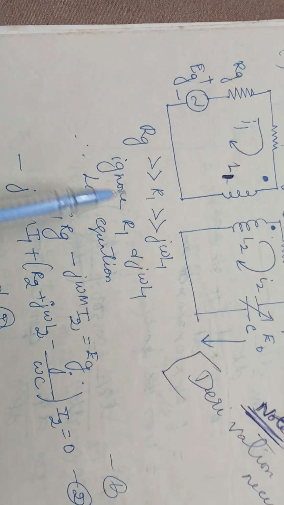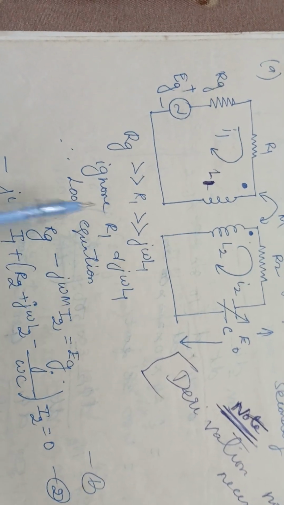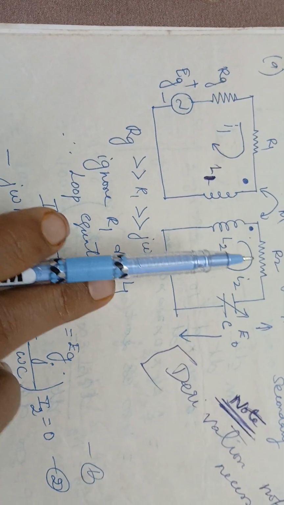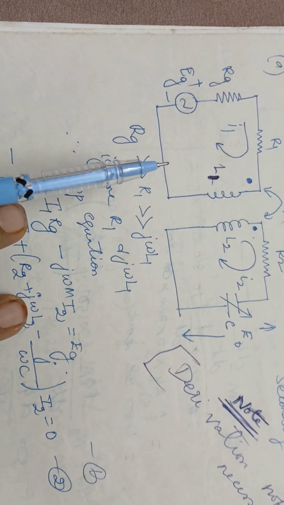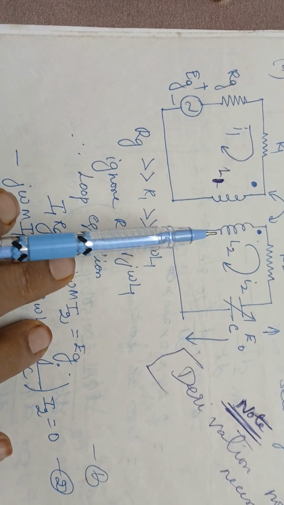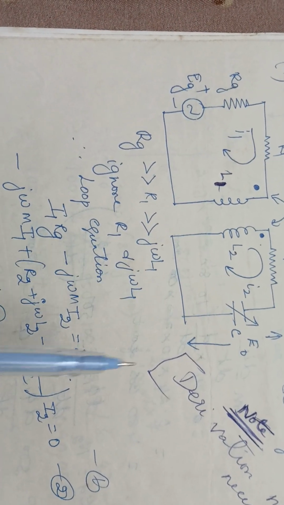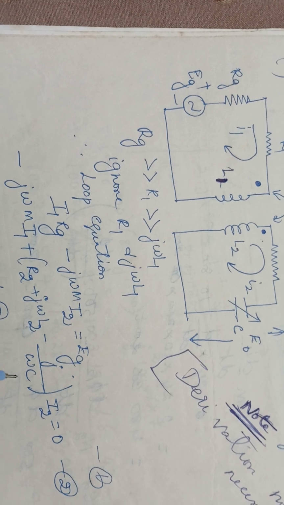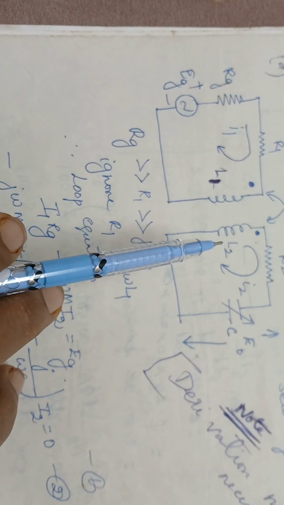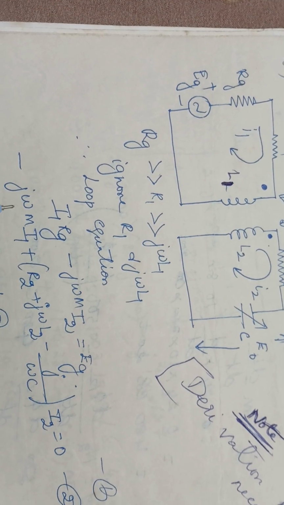While writing the second equation, with respect to R2 into I2, you will have R2 into I2, and then j omega L2, and the capacitance here is minus j into 1 by omega C. Here L2 and M are in opposite direction.